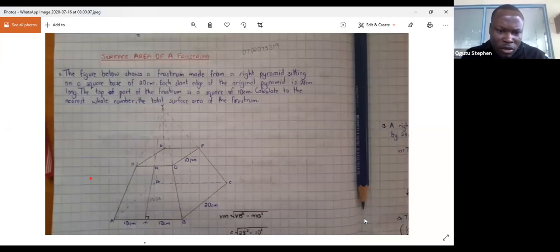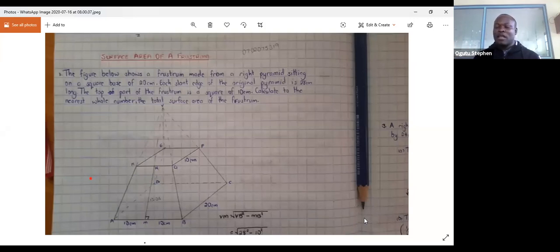Okay. So surface area here means easy, slant edges za frustum ziko nne. We add the slant faces of the frustum, then we add the top, then we add the bottom. Hivyo sasa ndio tutafanya.